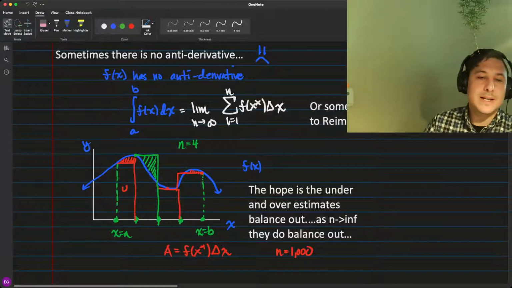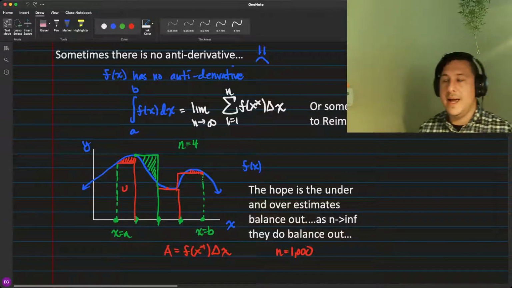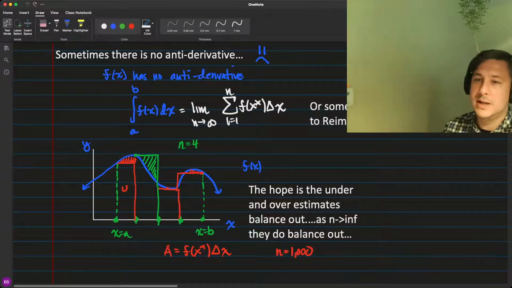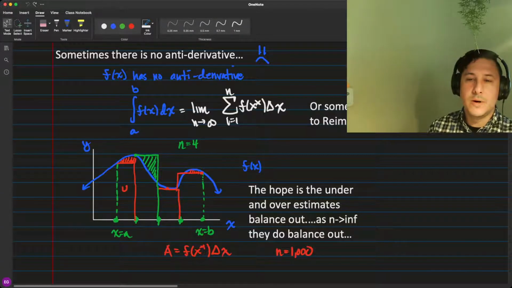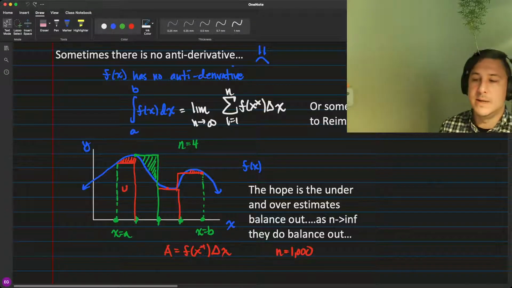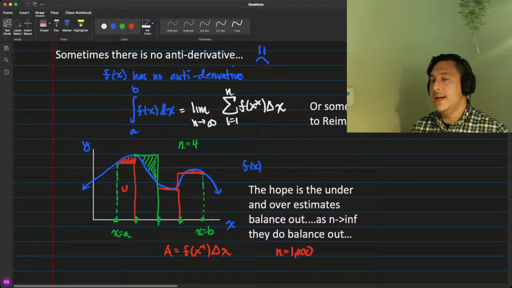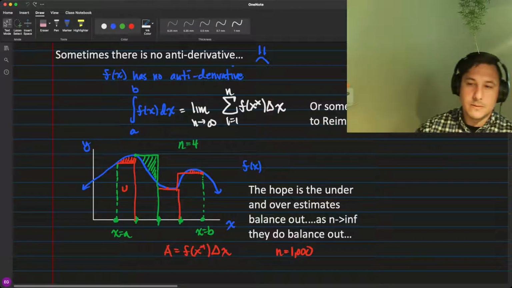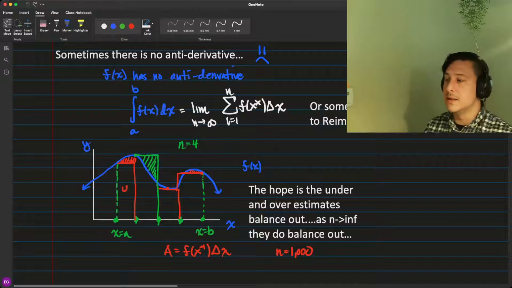But especially if you're trying to do this by hand, you would like the estimate to be more accurate more quickly. You don't want to have thousands of rectangles or take the limit. What you want is to just take the Riemann sum, preferably with as few rectangles as possible.